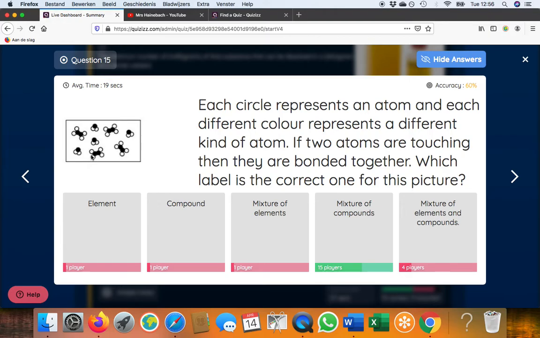This is a mixture of compounds, as we have one type, which is one black ball and two white balls, and another type of compound with two black balls and four white balls. Curious what you thought would be the answer if you were doubting this one.